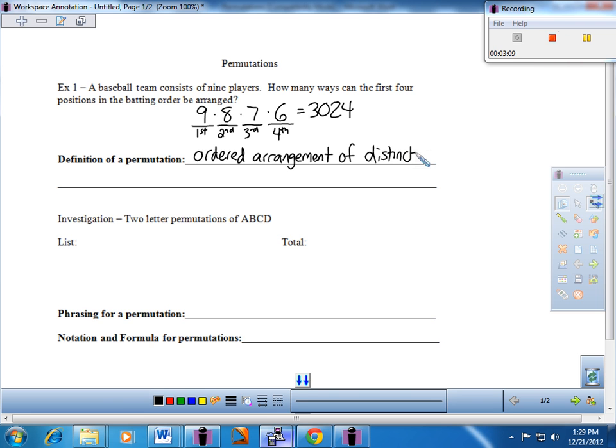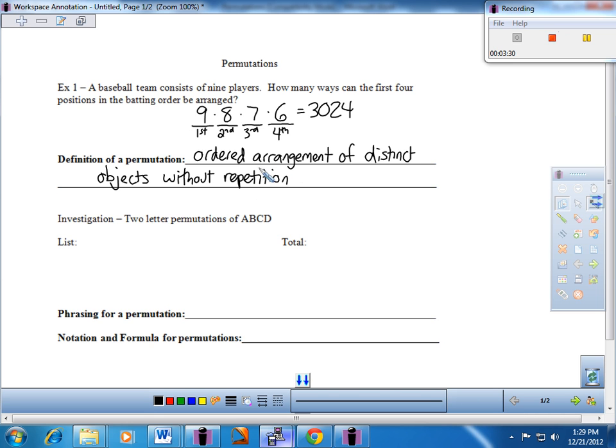Distinct means different. In this case, different players. There was one player, and then a different player, and then a different player, and then a different player. So distinct objects, and without repetition. That's the other key to this, without repetition.